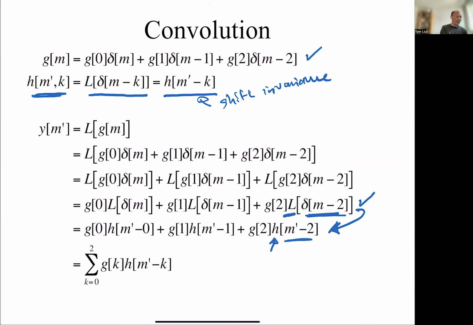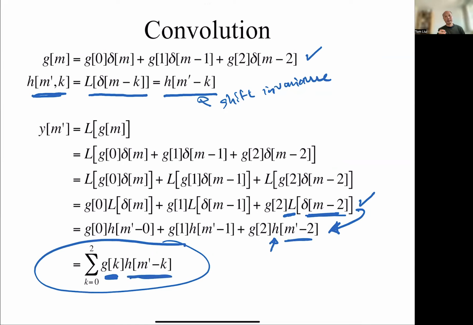And this allows us to write it in this very special form: my output to a linear shift invariant system is just the weighted sum of shifted impulse responses. So all I need now is one impulse response. I don't need many. I just have to shift it around, scale it, and add them all up, and that gives me my output. So that's a convolution sum.